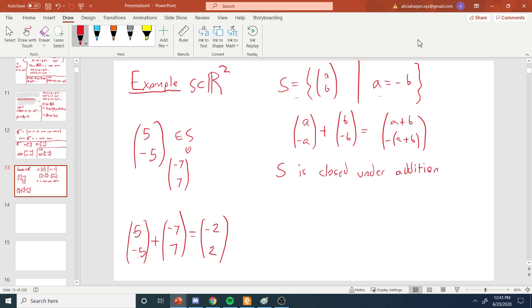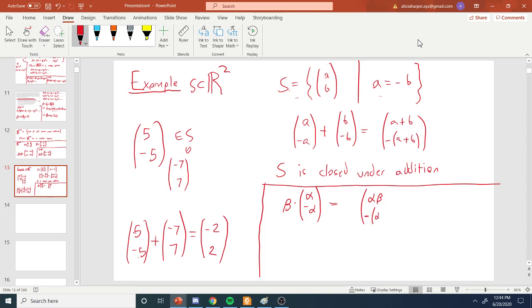But moreover, we can make another observation. Suppose I take a vector in S, so maybe my vector is (alpha, -alpha), and I multiply it by a scalar, say beta. Then this is the same thing as (alpha times beta, minus alpha times beta).